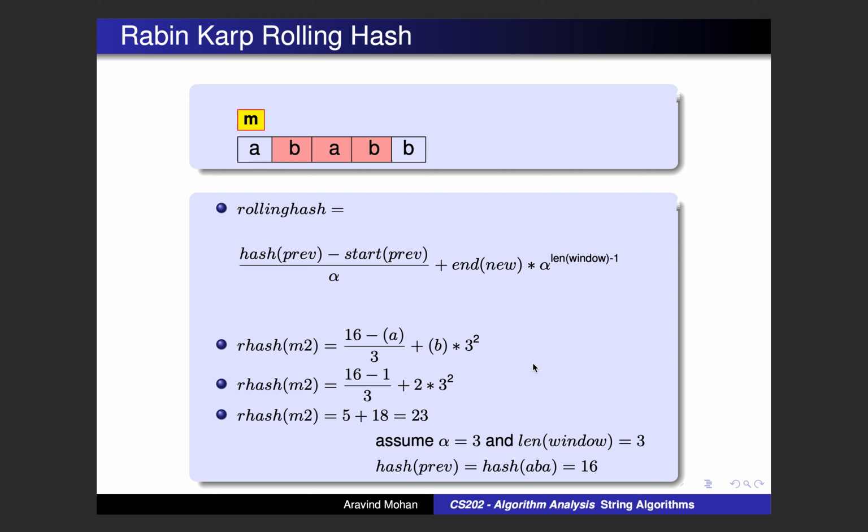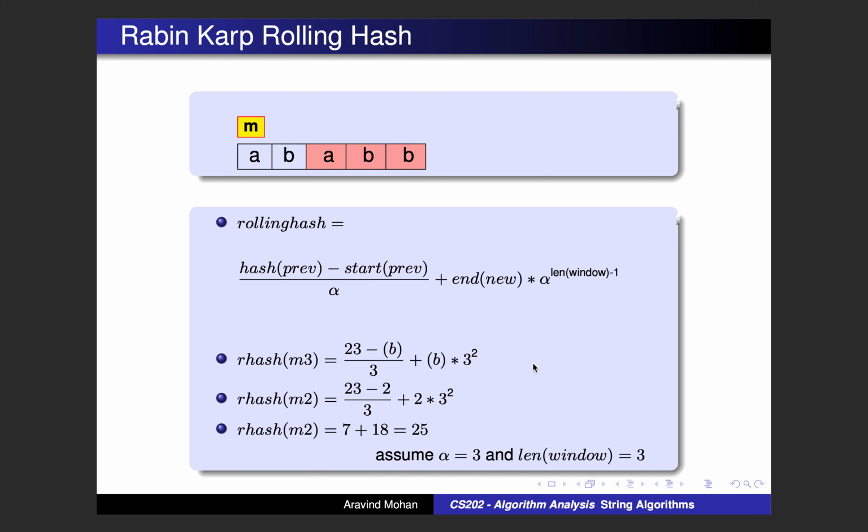You can see that we are doing 16 minus A, divided by 3, plus B times 3 to the power 2. 16 here is simply the hash of the previous window, which is ABA. We already computed the hash of ABA and got 16.